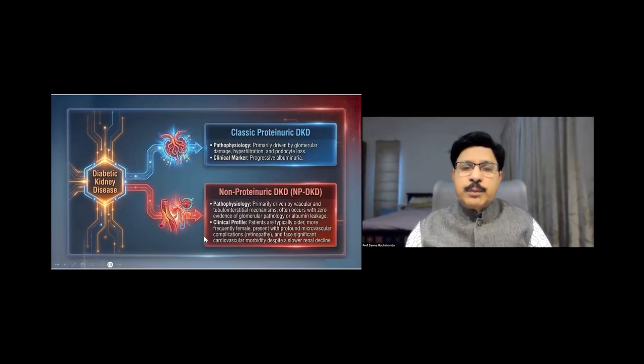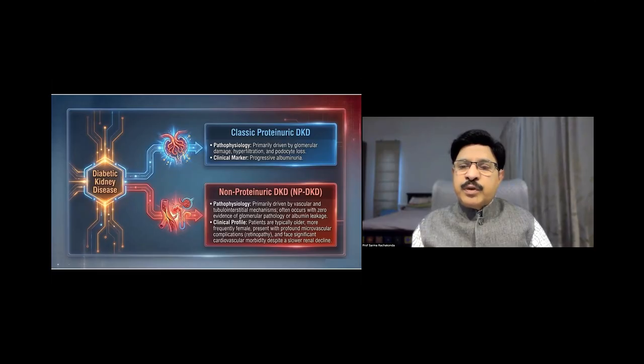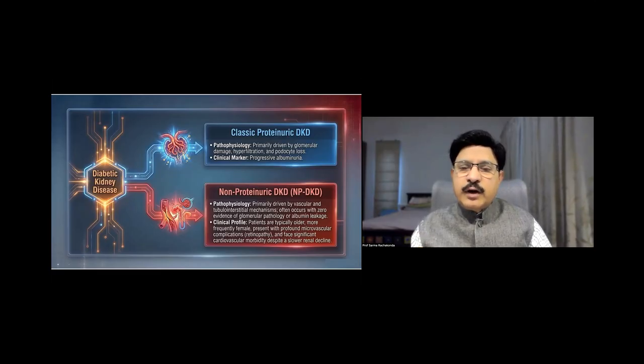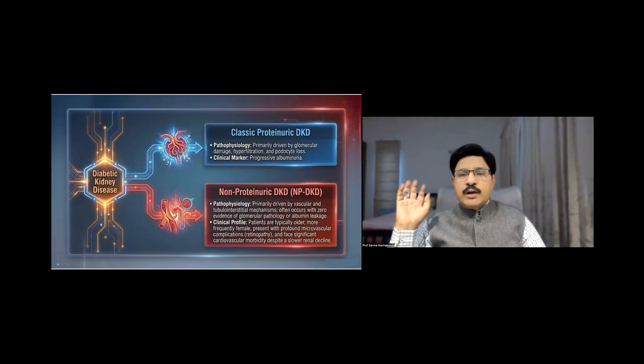What is the clinical profile of these patients? Patients are typically older, more frequently females, present with profound microvascular complications like retinopathy, and face significant cardiovascular morbidity despite a slower renal decline. You understand?